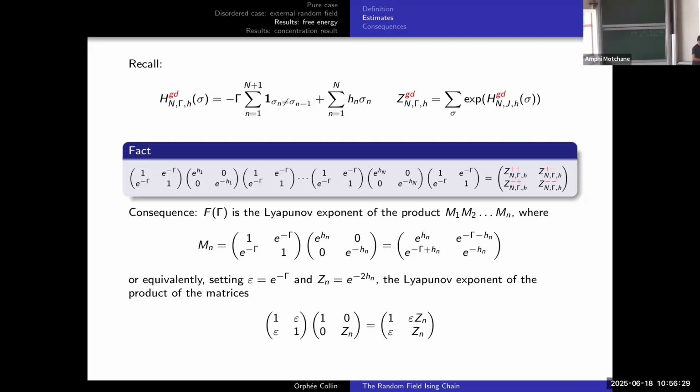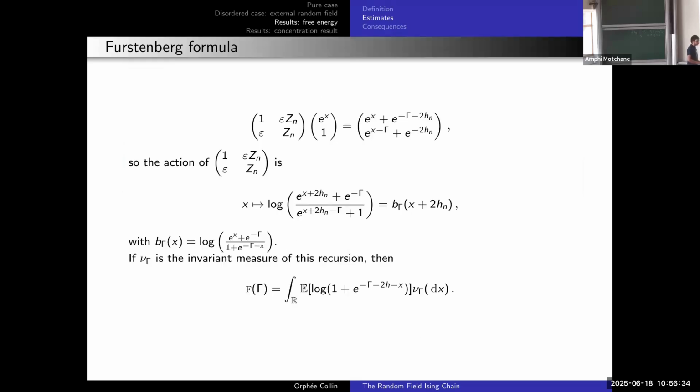And this was already tackled in a work by Derrida and Hilhorst. Okay, so what's the formula given by the Furstenberg theory?